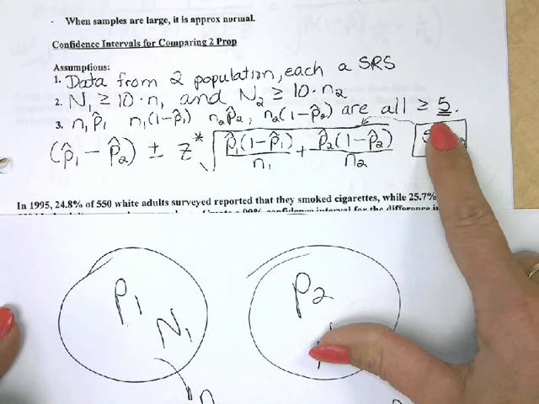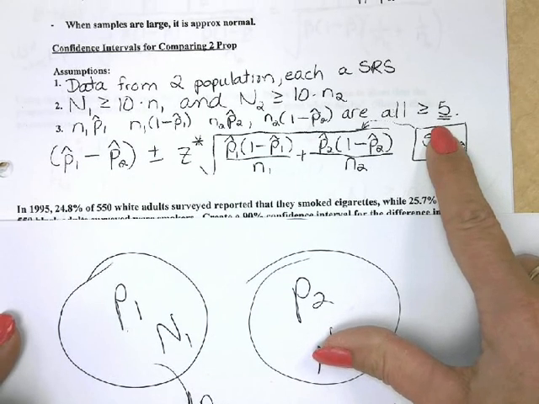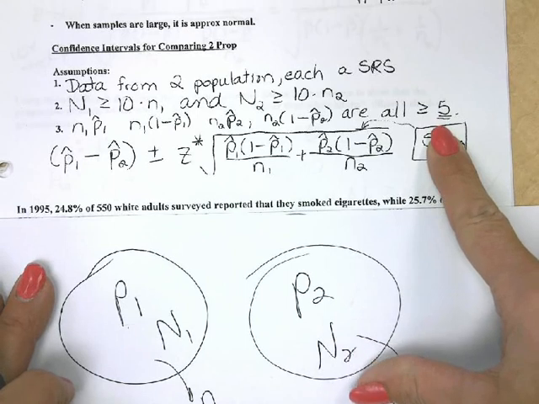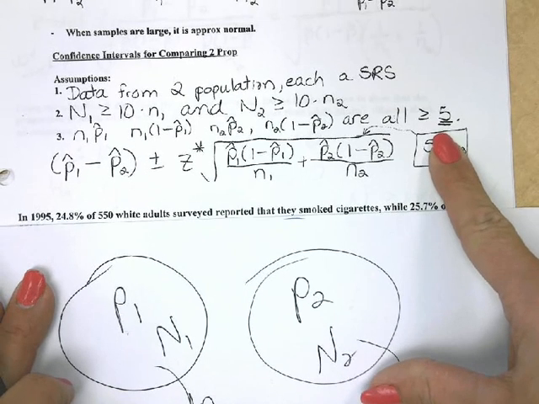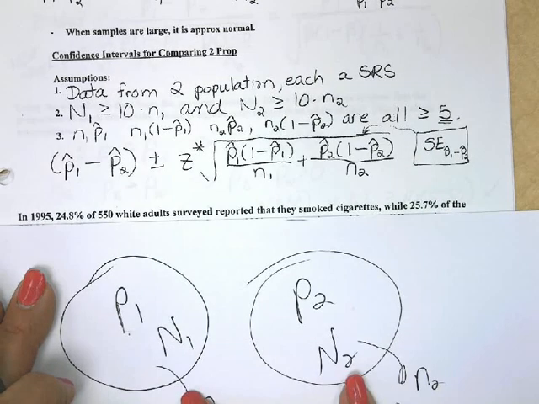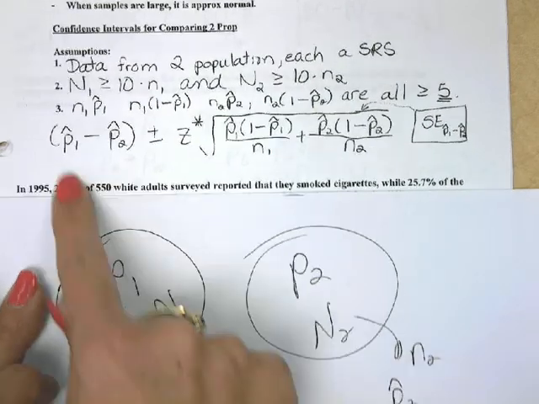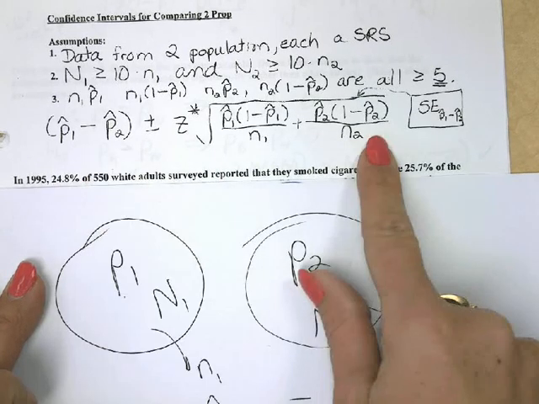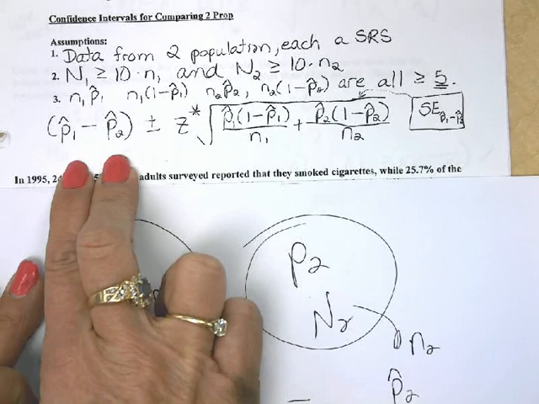In the previous type of test, a one-sample test for a confidence interval, we had to have the actual number of successes and failures be at least 10. Now we can go as low as 5 when we're comparing two distributions. And here is our formula for calculating the confidence interval for the difference between these two proportions.